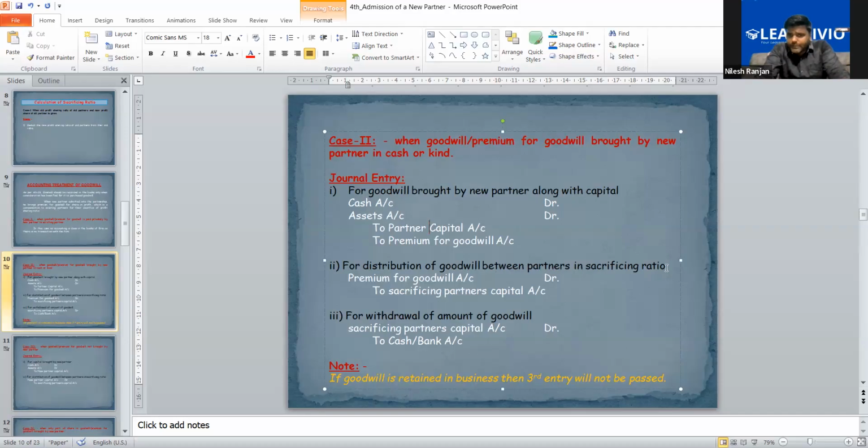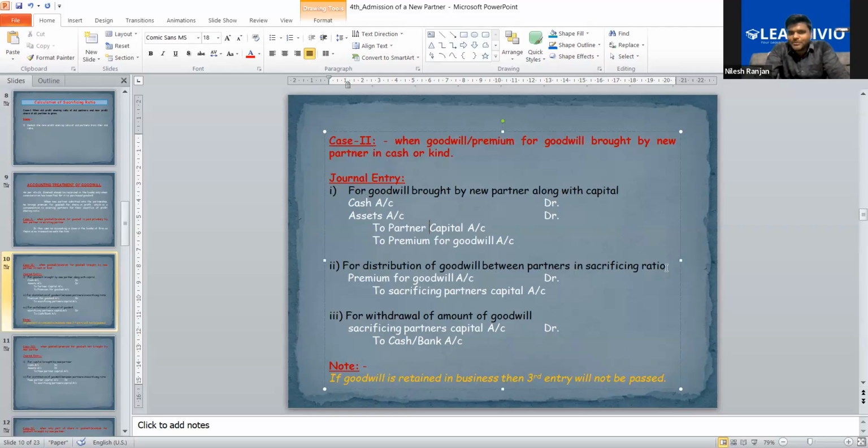So for distribution of goodwill between partners in sacrificing ratios, premium for goodwill account debit to sacrificing partners' capital account. Now, do you remember the journal entry that we were doing for goodwill in change in profit sharing ratio? Anyone? I told you that everything that we are studying in change in profit sharing ratio will come in admission also.